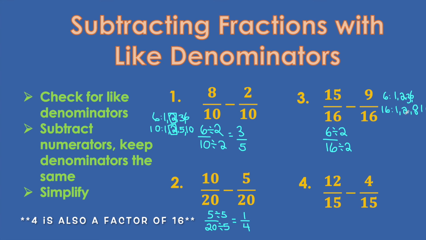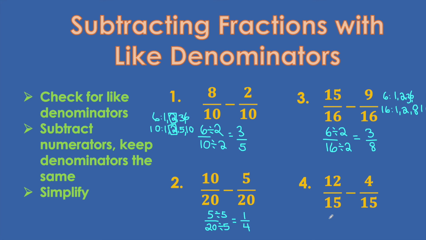So you see, the greatest common factor, the number that's in common that is also the greatest, is 2. So as you see here, we divide by 2. 6 divided by 2 equals 3. 16 divided by 2 equals 8. And we can see if we can simplify it any further, which we can't. 8 can be divided by 2, but 2 does not go into 3. So that means 3/8 is our final answer.